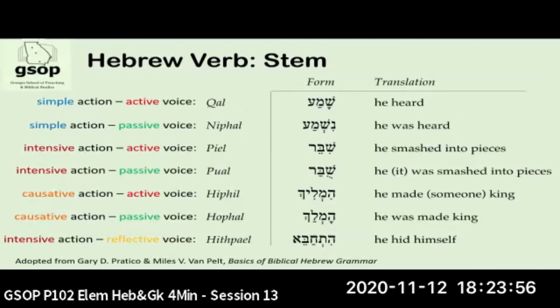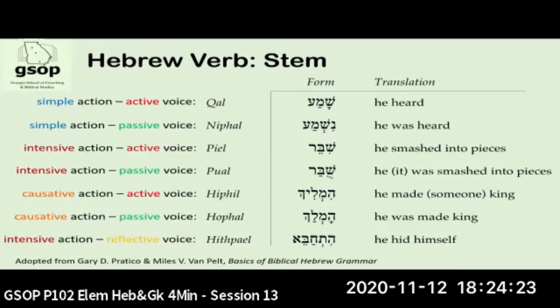And then the Hophal, the passive voice of that, homlak, he was made king. And so that person was made or was crowned. So it's he crowned someone or he was crowned. So you have the active action versus the passive action.